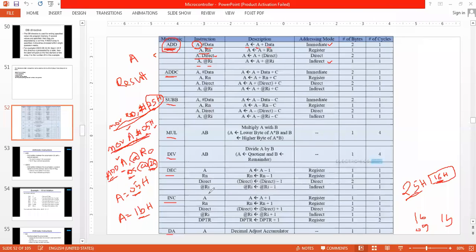It is not the data. So that is why one more point I told you, the difference between the data and the memory location. Is it understood? Have you got to know how 1BH has come now?